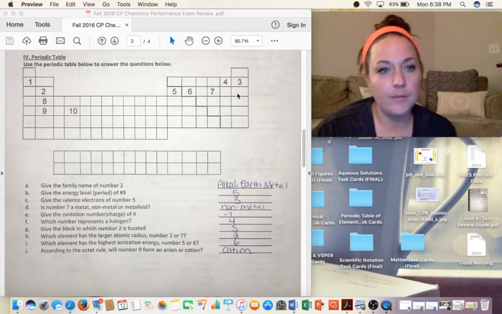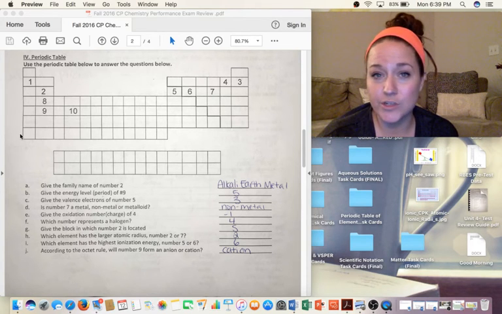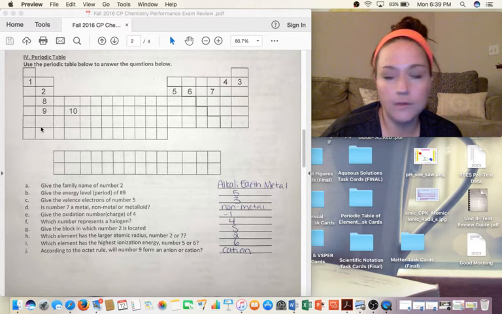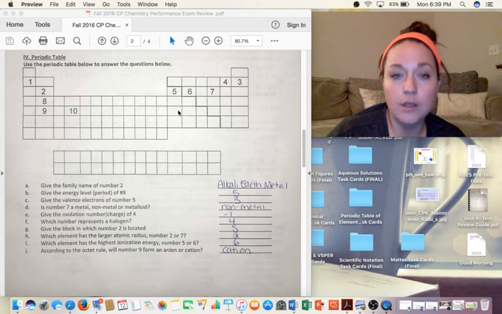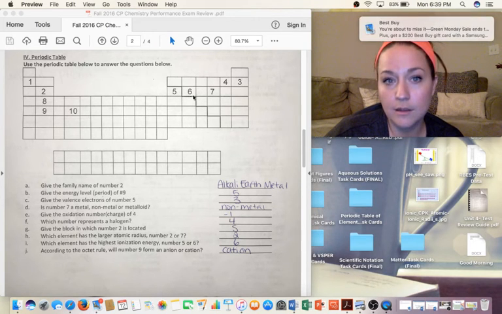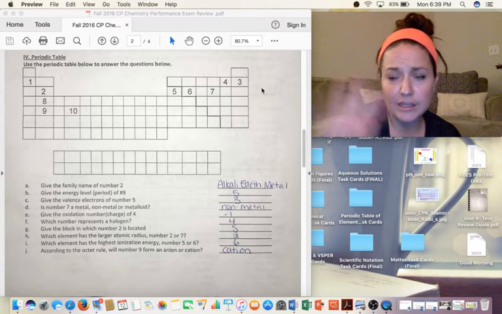So please remember that group 1 has a positive 1 charge because it has 1 valence electron. Group 2, 2 positive charges, 2 valence electrons. Group 13, 3 positive charge, 3 valence electrons. Group 14, remember that's your 4. He can either go either way.